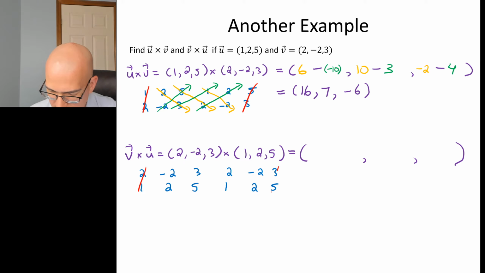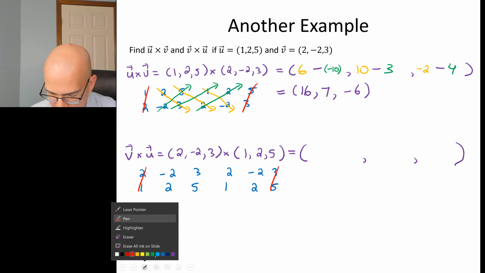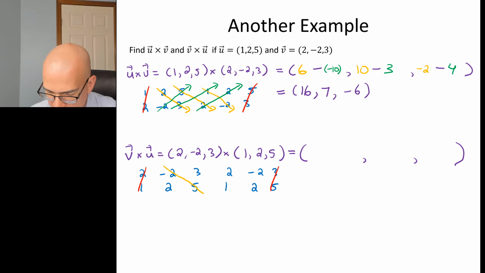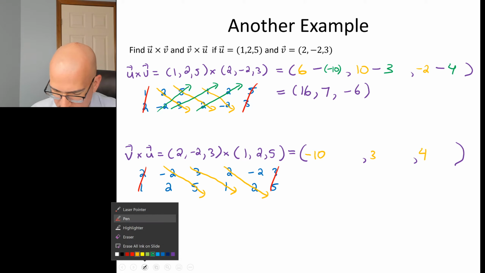Okay, and cancel. Cancel. Now we'll do the down products. Negative 2 times 5 is negative 10. 3 times 1 is 3. 2 times 2 is 4. And now the up products.